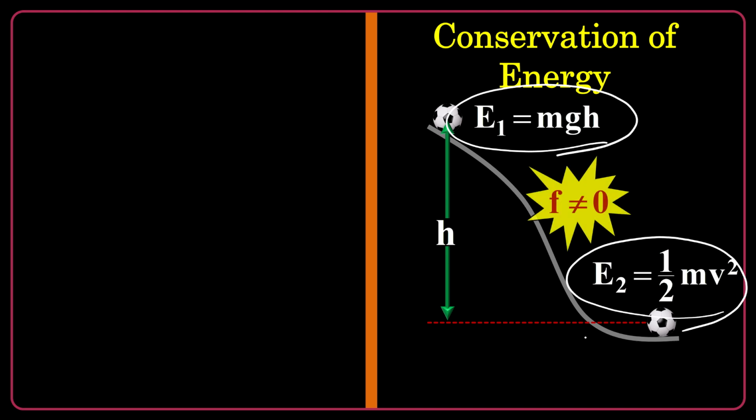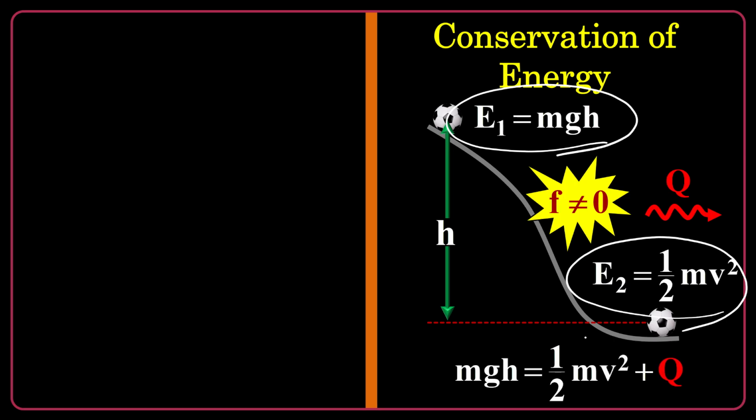The reason, because of the frictional forces, we have some heat transfer, and part of the mechanical energy, unfortunately, is escaped from the system. But anyway, if we believe in conservation of energy, we believe that the total mechanical energy at the beginning will be equal to total mechanical energy at the end plus the internal energy escaped from the system. This is the meaning of conservation of energy.